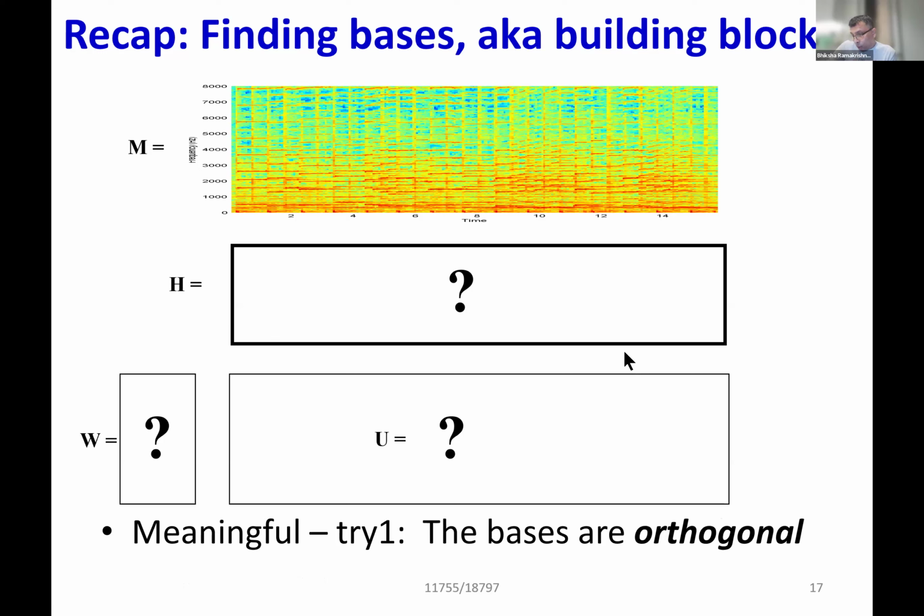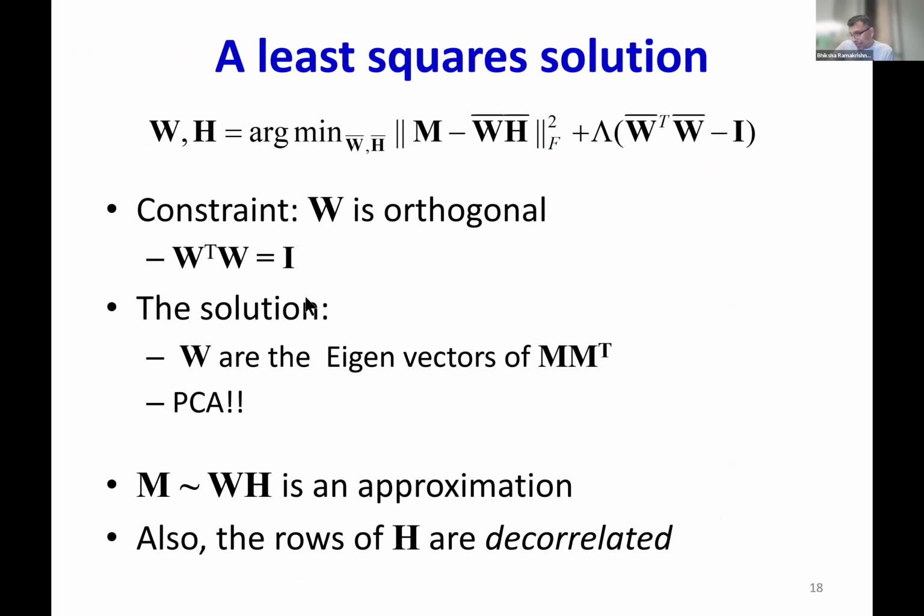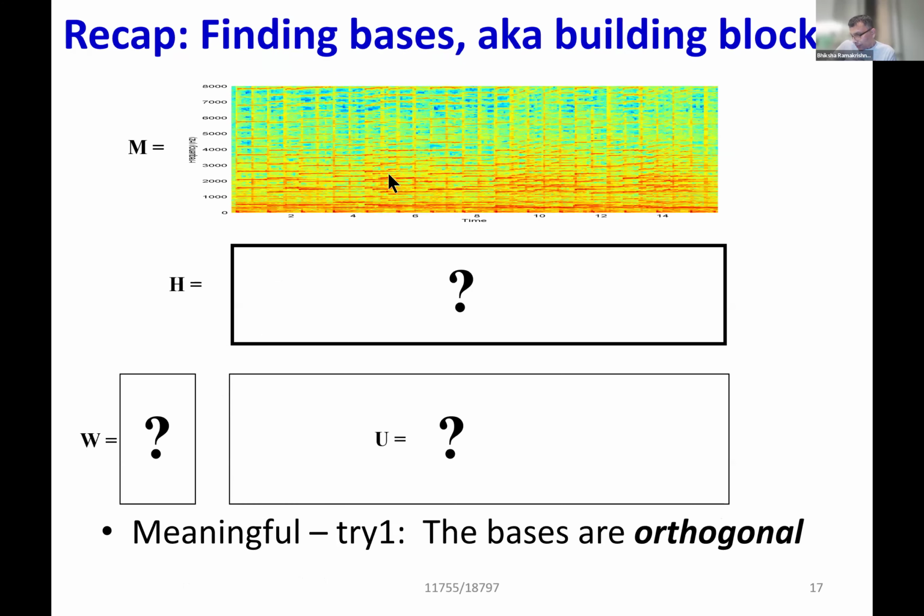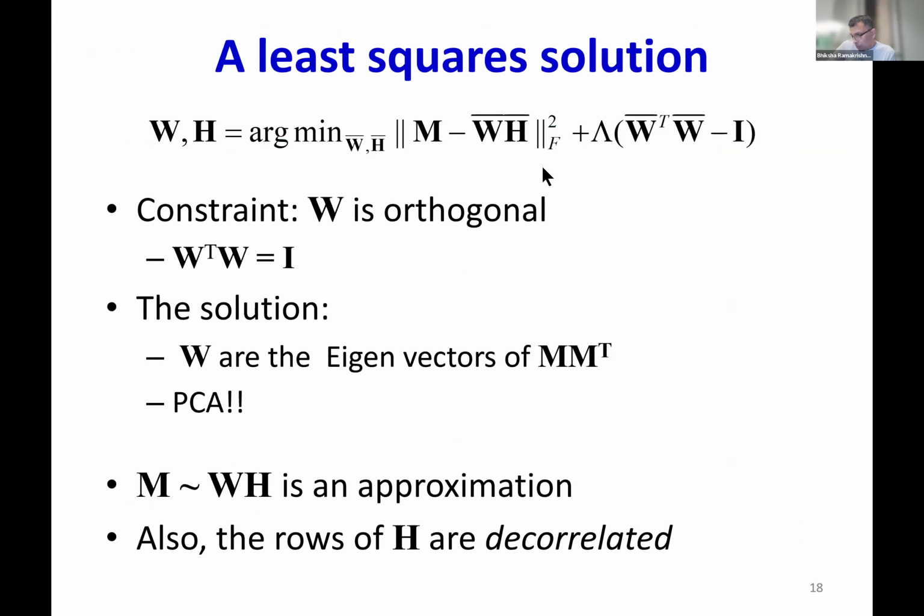But then what do we mean by meaningful? The first attempt, let's say these bases must be orthogonal. And if you want the bases to be orthogonal, that means that you're approximating M as W times H. You want to minimize this approximation error. At the same time, you want to make sure that the bases are orthogonal, which means W transpose W is an identity matrix.